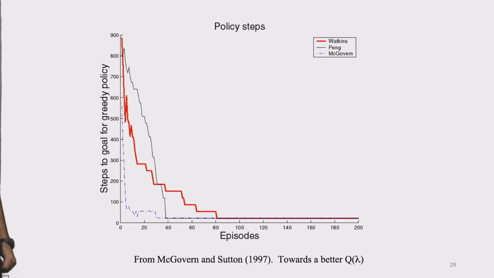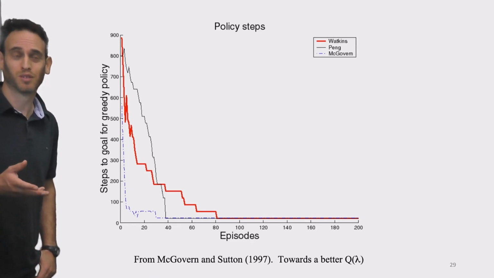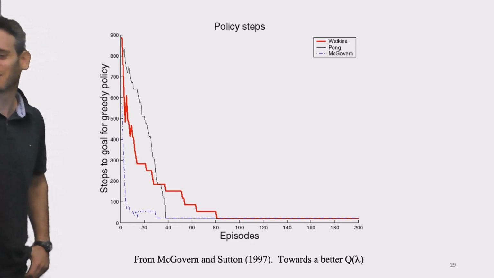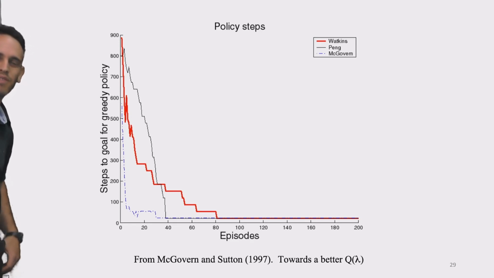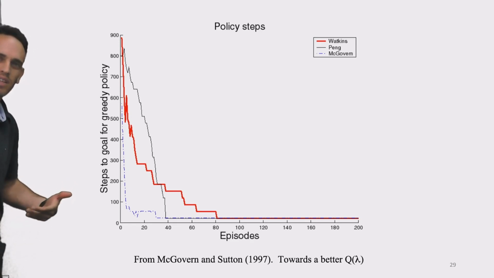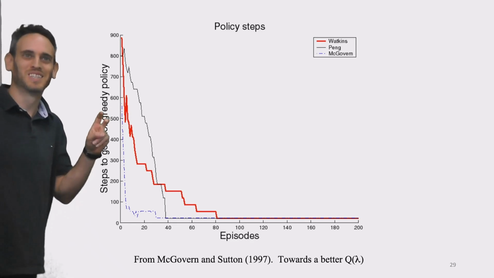And in these results, you can see that it seems like the McGovern approach, which is just the naive one, we never zero out the traces, seems to work best, because it kind of makes sense. It's most sample efficient, although the updates might be a bit off. They are off policy, right? To some extent. But it's still the advantages of the sample efficiency outweigh, I would say, the correctness of implementation, right?